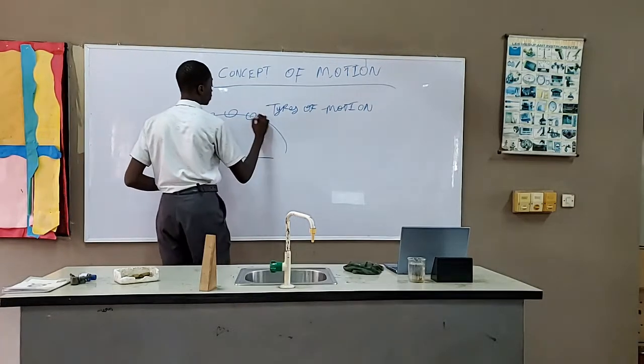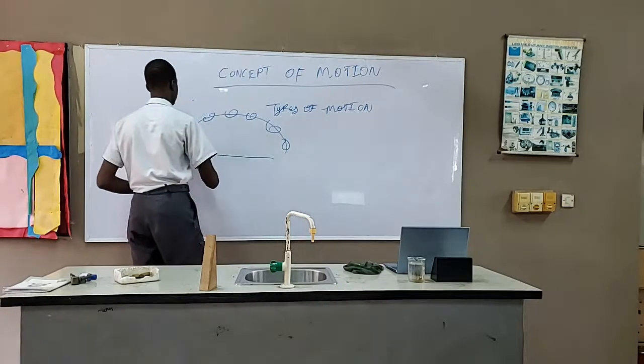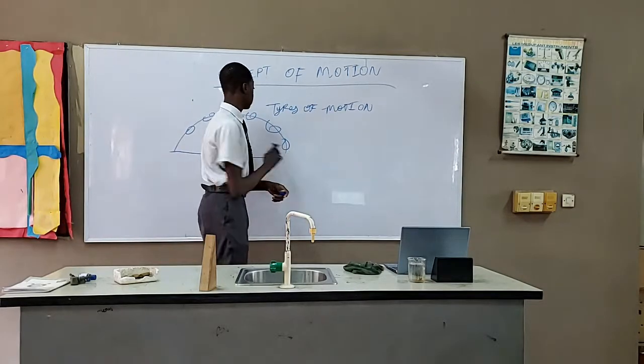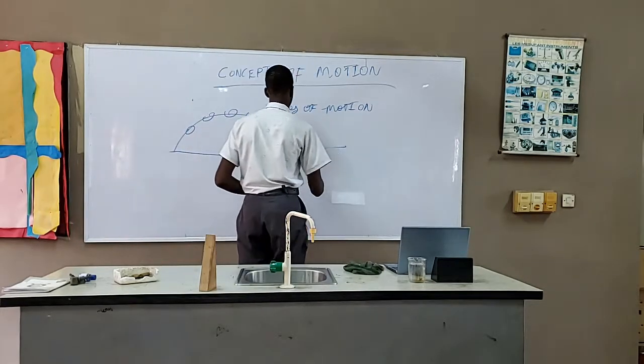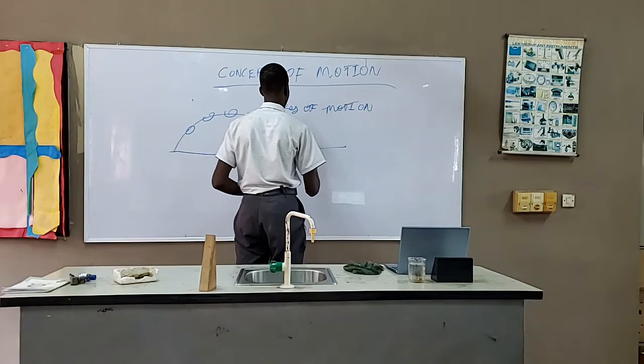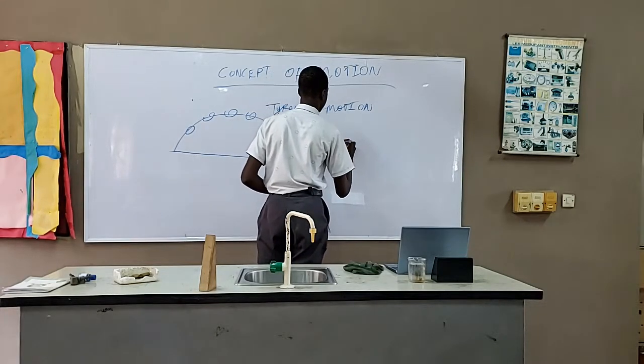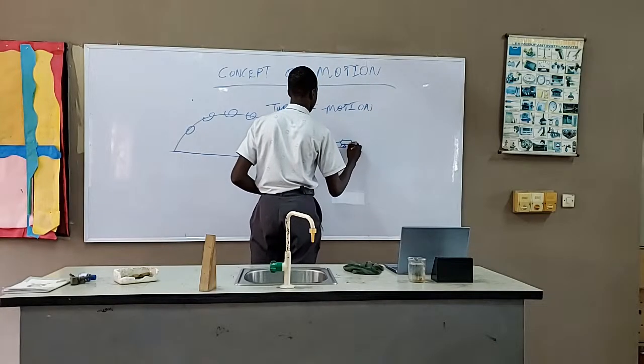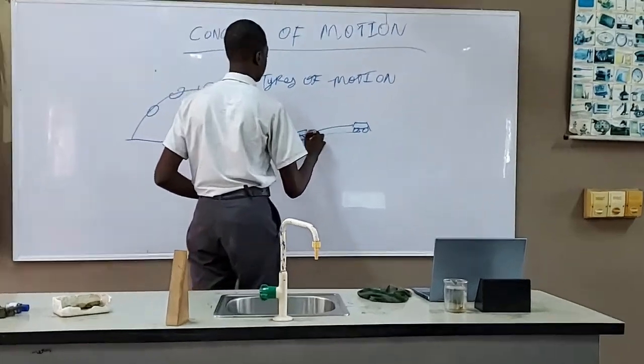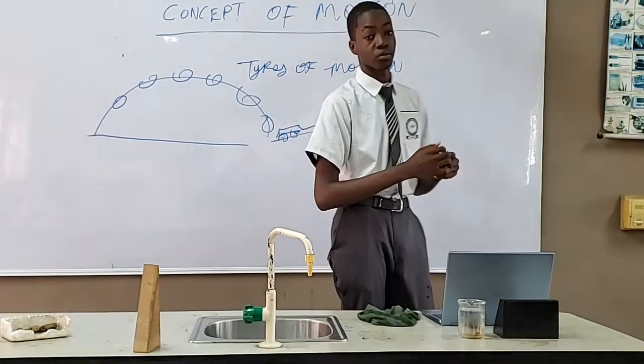So it keeps going. Another example of translational motion is a car moving in a straight line from one spot to another.